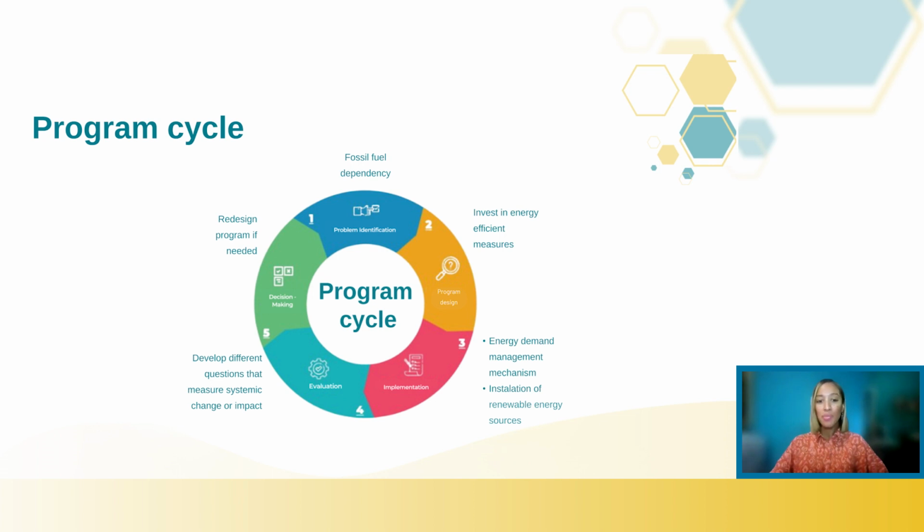Fourthly, in the program evaluation phase, as you already know, different questions can be answered regarding the project's capacity to generate systemic change and to have the intended impacts. With the evaluation results, the stage of decision-making will be facilitated to help define if the project can continue or if it needs to be reformulated.